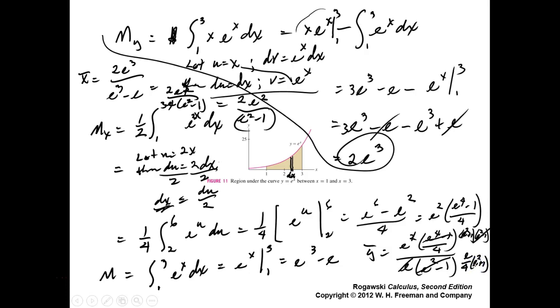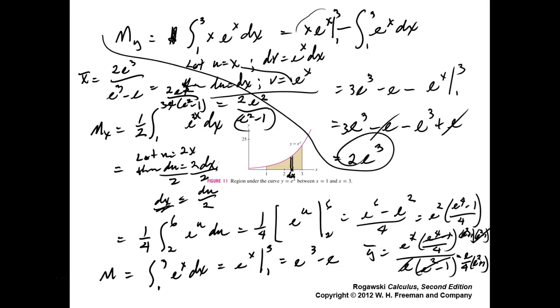Now, I don't know if that's the simplest way to write the answer or not. Let's see what they got. Okay, they left it fairly complicated. Okay, fine. Their x bar was 2e cubed over e cubed minus e, exactly like we left it, our first answer.